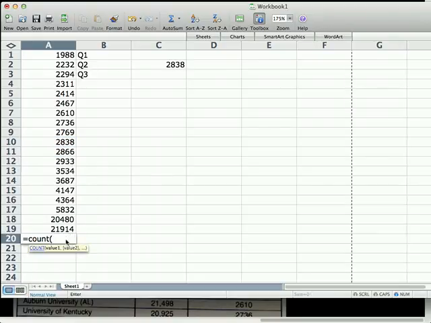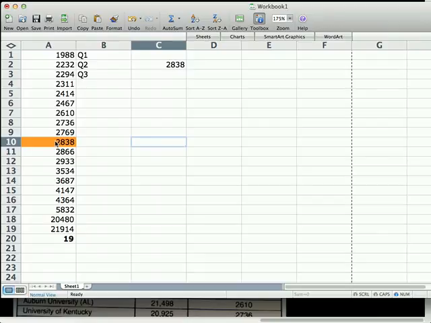There's 19 if I just look right there. Since that's an odd number, I would have 9 on the top half, 9 on the bottom half, and 1 number in the middle. So that right there is going to be my median. I'll highlight that somehow, like so. There's my median.